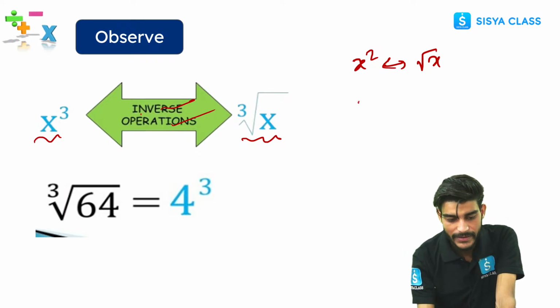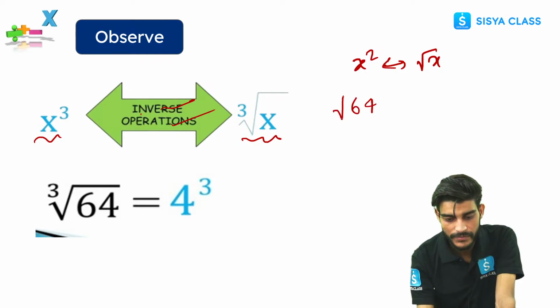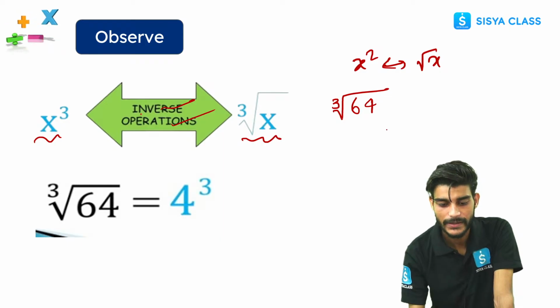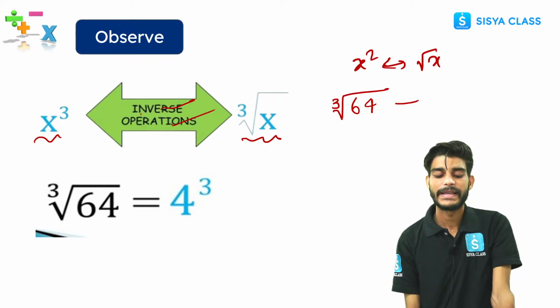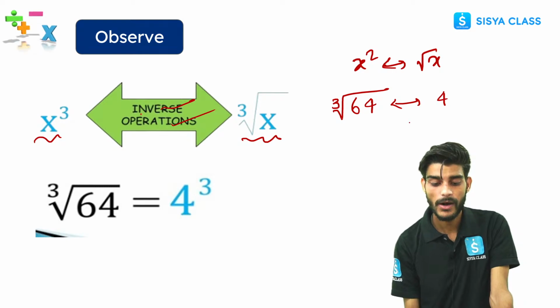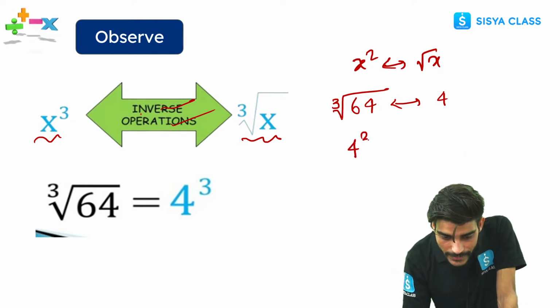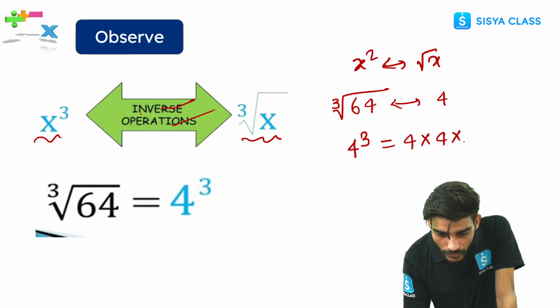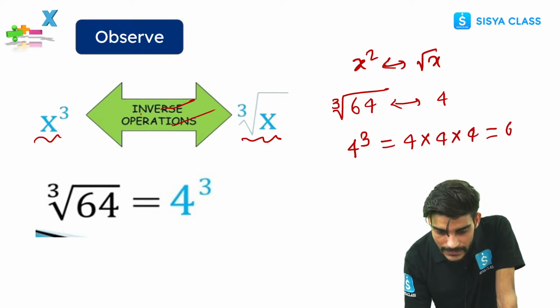Suppose I have to find the cube root of 64. How will I write it like this? So what will be the cube root? It is 4. How? Because 4 raised to the power 3 is nothing but 4 into 4 into 4, that is 64.